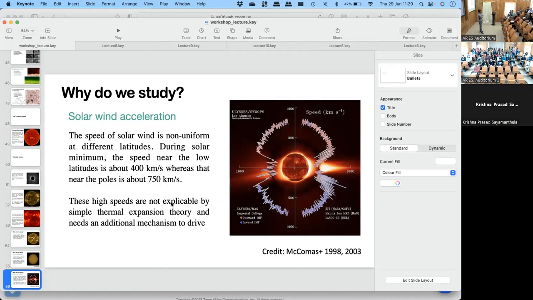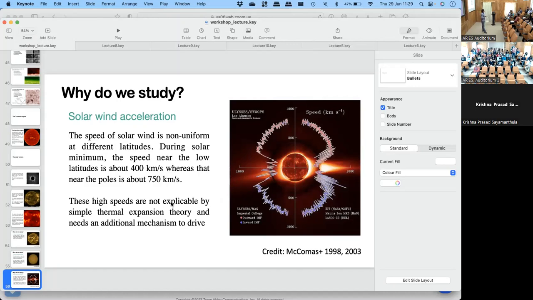Probably I will just add, the other discussion was about the temperature, whether it is changing with the solar cycle. It does have a change, because what Krishna was also pointing out, the requirements are different. When you have a maxima, you have more active regions, so the energy flux requirement for heating is more.